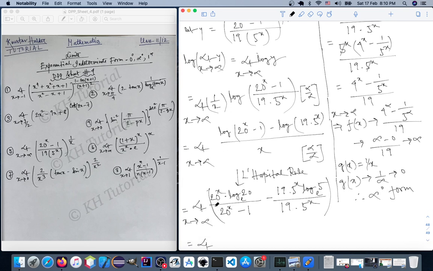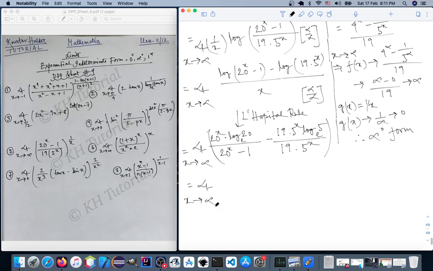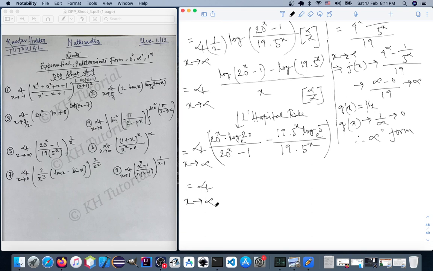We could have also applied it: it's 19 into 5 to the power x. We could have split that to log of 19 plus log 20 minus 1 by 19 x.